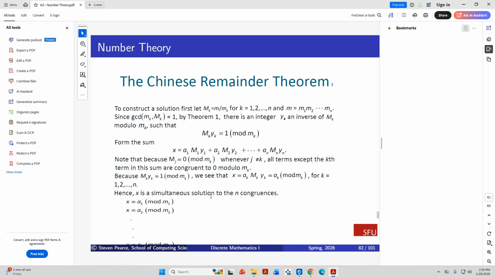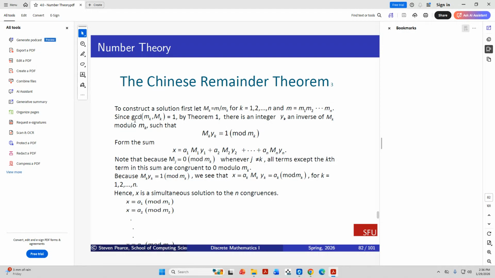So we'll just construct a solution first. Let big M sub k be m over m sub k for all the n integers, and m equals m1 times m2 all the way to mn. Okay, let that exist.